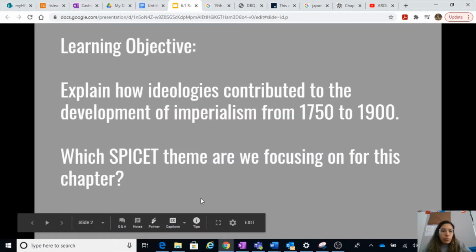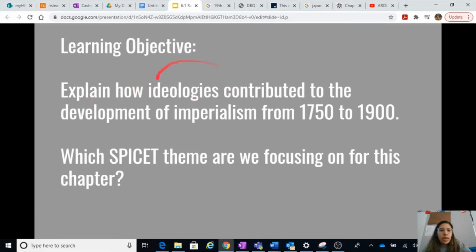Our learning objective for today is explain how ideologies contributed to the development of imperialism from 1750 to 1900. So which SPICE-T theme are we focusing on for this chapter? Keywords to note here are ideologies. So the SPICE-T theme is going to be cultural.